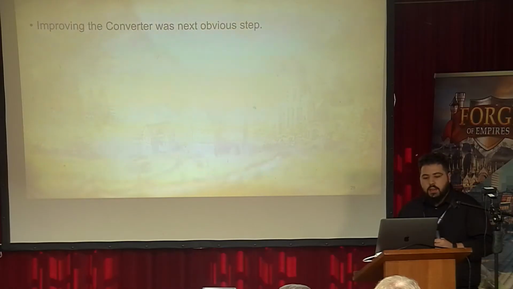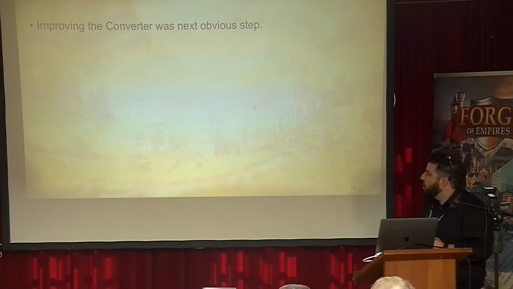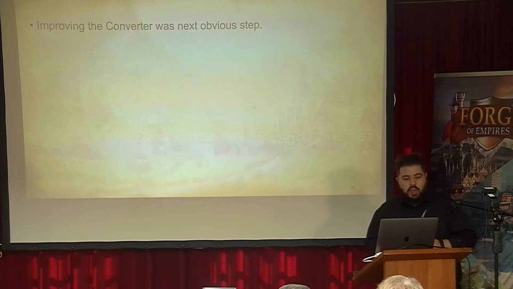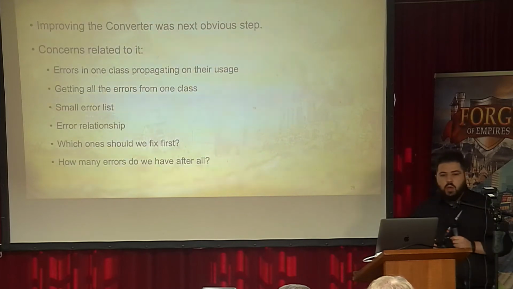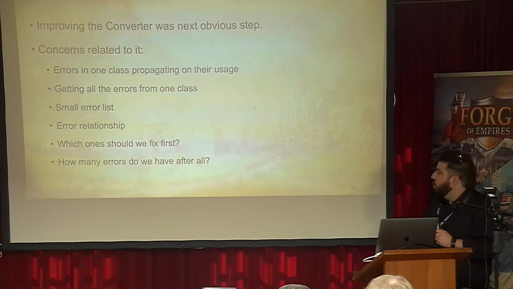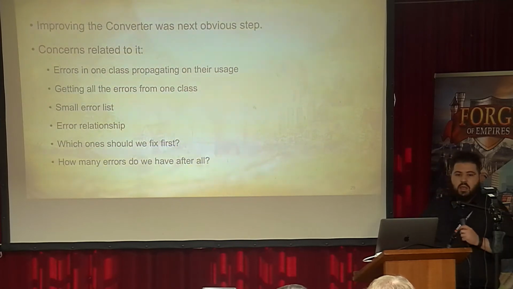From this point, it makes sense to move to the converter. As Keshav said, we were using the Haxe Foundation converter. It needed some work, but it was where we should go next, but we had some concerns. The first was this error cascading issue.